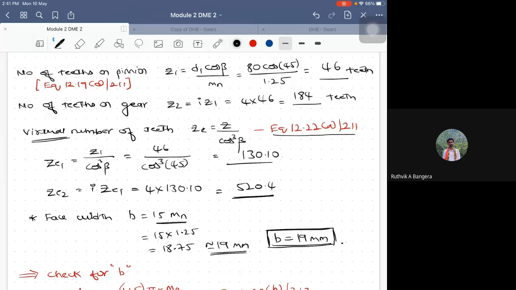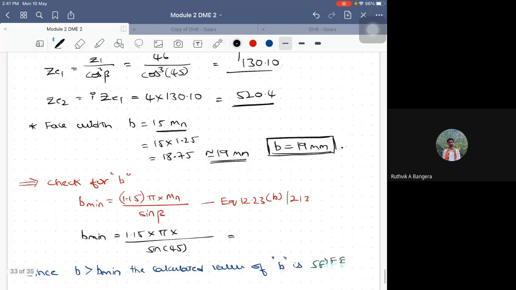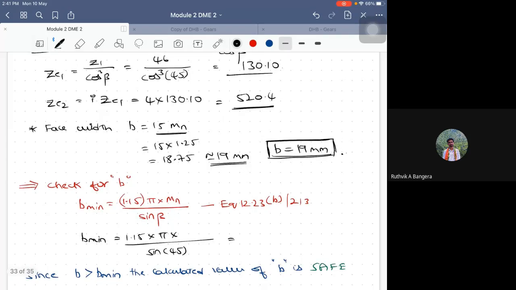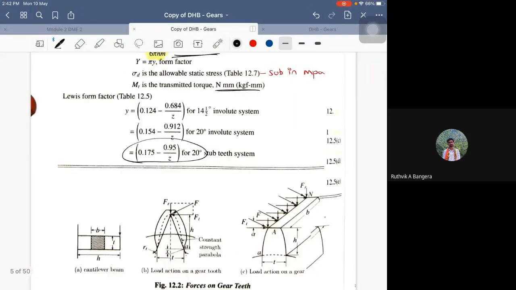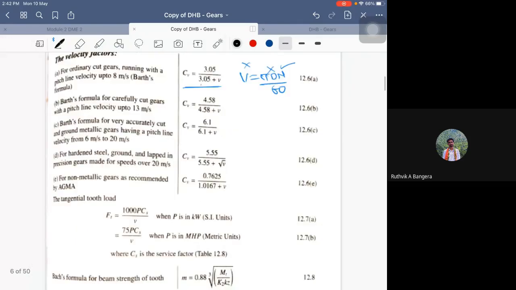That you have to check. So how do you check for safeness of your value? Just go for equation number 12.23b, page number 213.